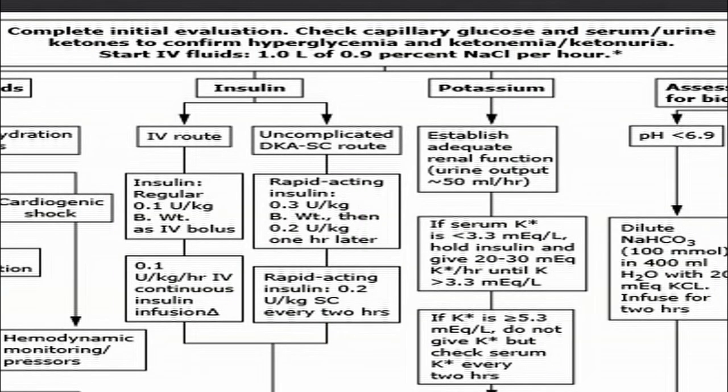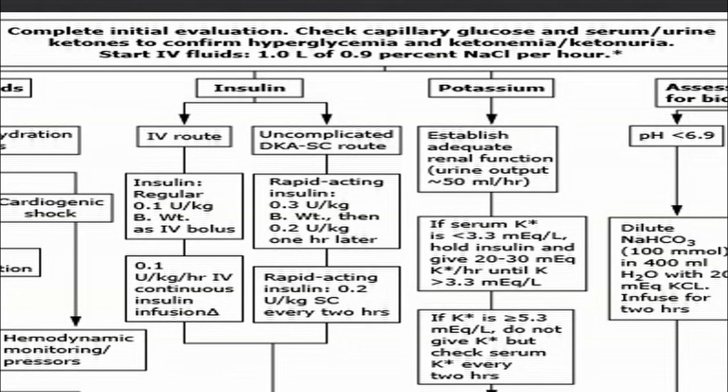Now I would like to discuss the management of diabetic ketoacidosis. After the complete initial evaluation, check capillary glucose and serum and urine ketones to confirm hyperglycemia, ketonemia and ketonuria.